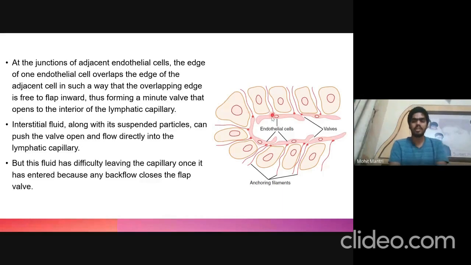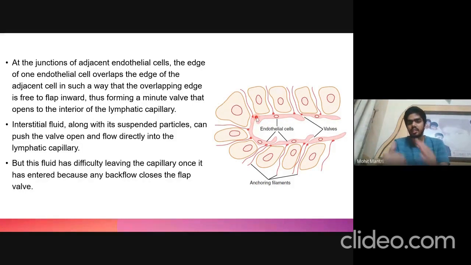Now, how does this take place? The lymphatic capillaries have a unique structure. Lymphatic capillaries are made up of endothelial cells, and at the junction of adjacent endothelial cells, the edge of one endothelial cell is overlapped by the edge of the adjacent cell.